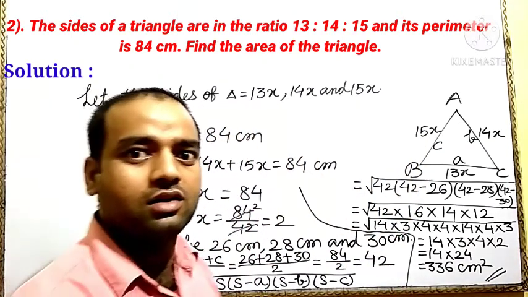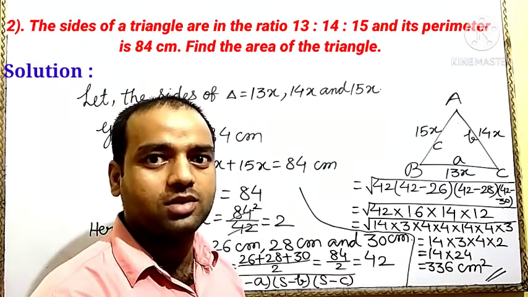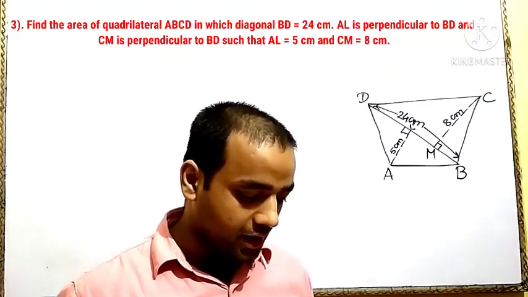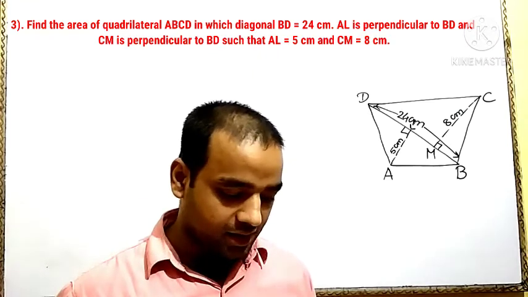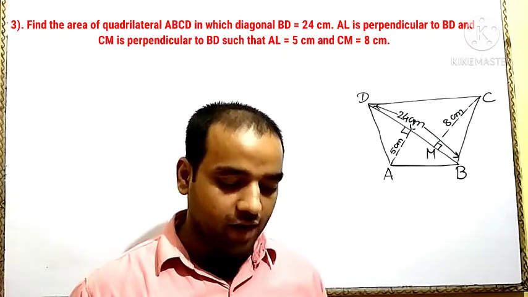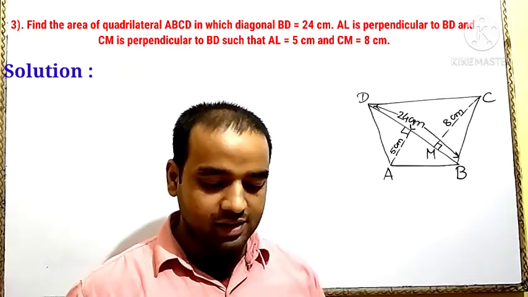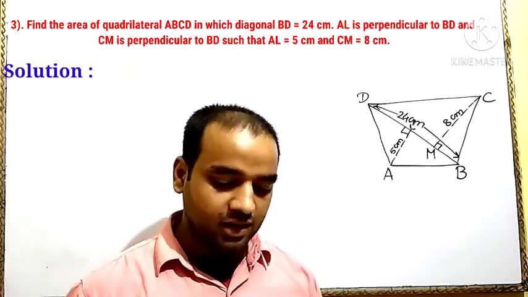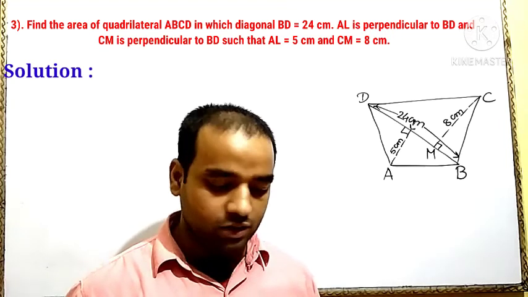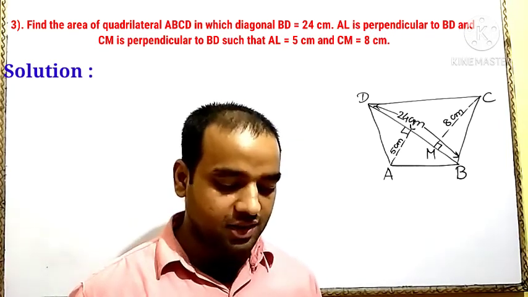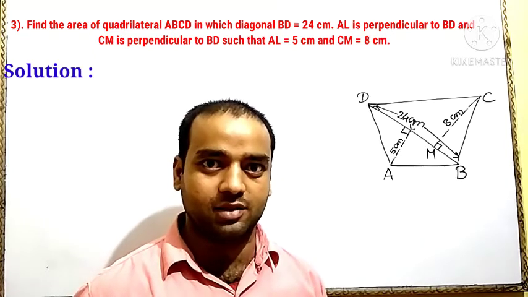Is it clear? Now let us discuss question number 3. In question number 3, find the area of quadrilateral ABCD in which diagonal BD is equal to 24 centimeter, AL is perpendicular to BD and CM is perpendicular to BD such that AL is equal to 5 centimeter and CM is equal to 8 centimeter.